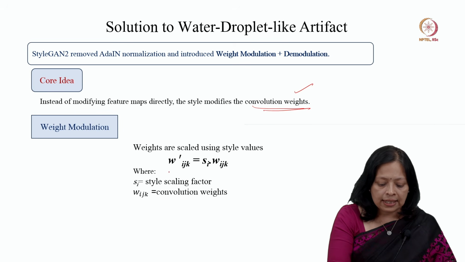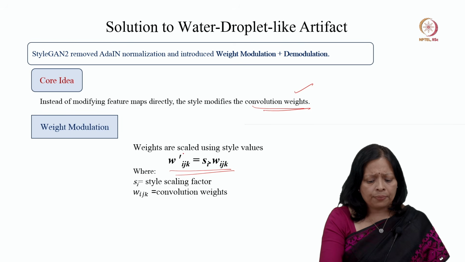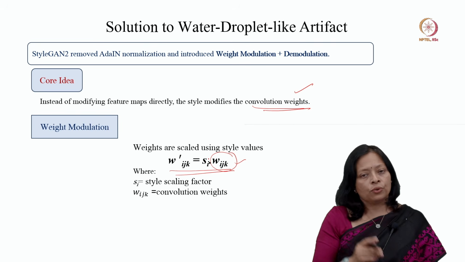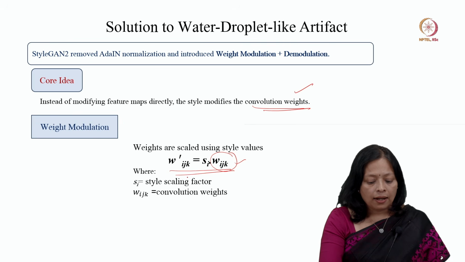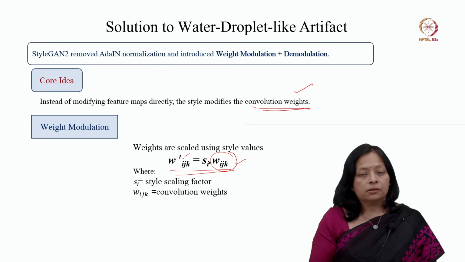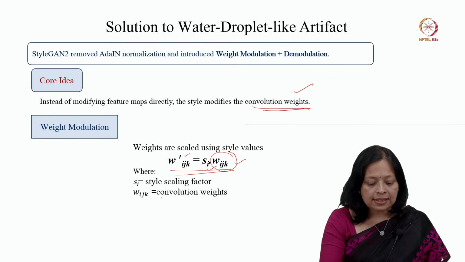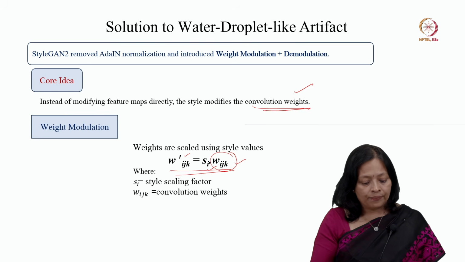If we see this expression, Wij prime equals Si Wij. This is my original weight of the convolution matrix, and this is my modulated weight. W prime is my modulated weight, and Si is the style scaling factor present in the ith layer.